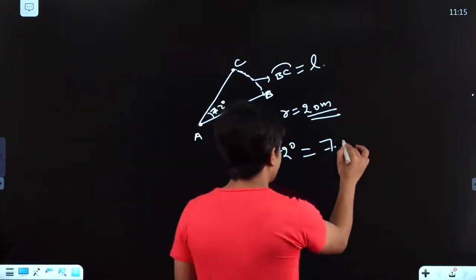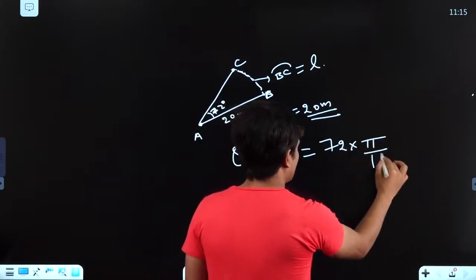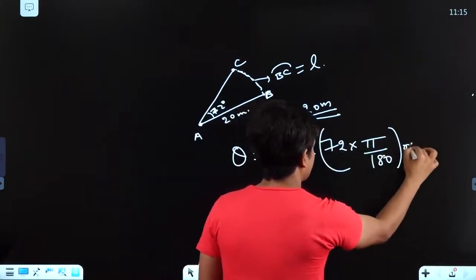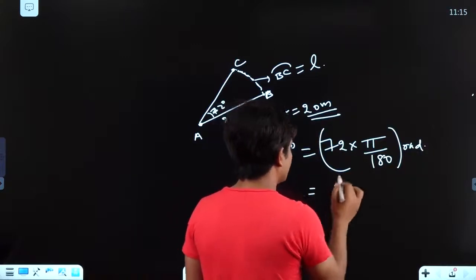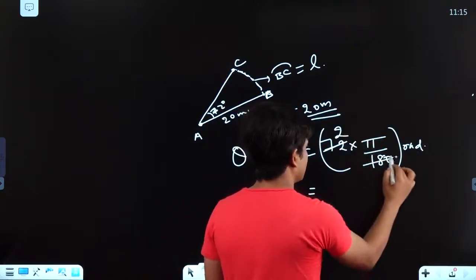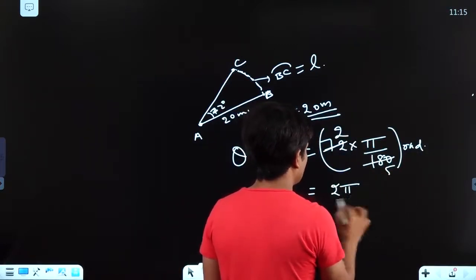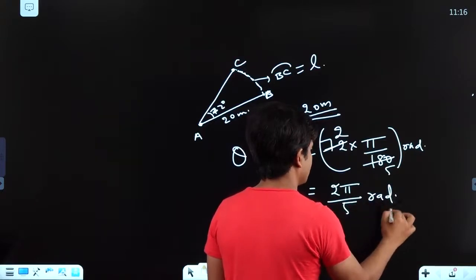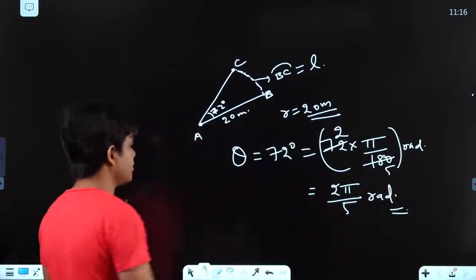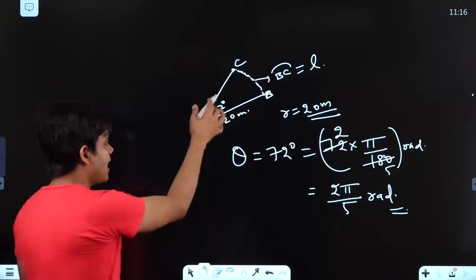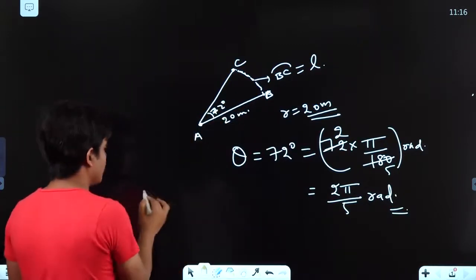So this is 72 into pi by 180 radian. So this will become 2 pi by 5 radian. So this is your theta, 2 pi by 5 radian. And what is your formula?